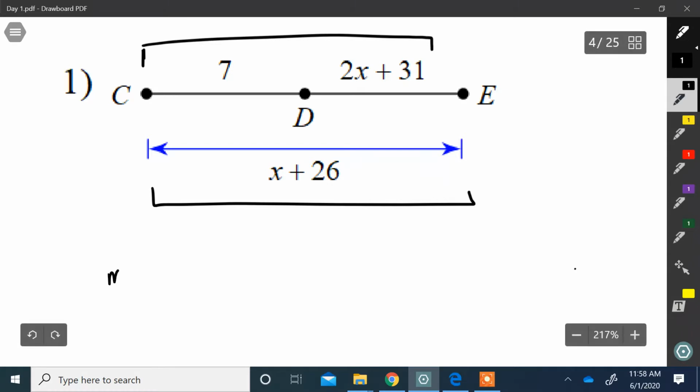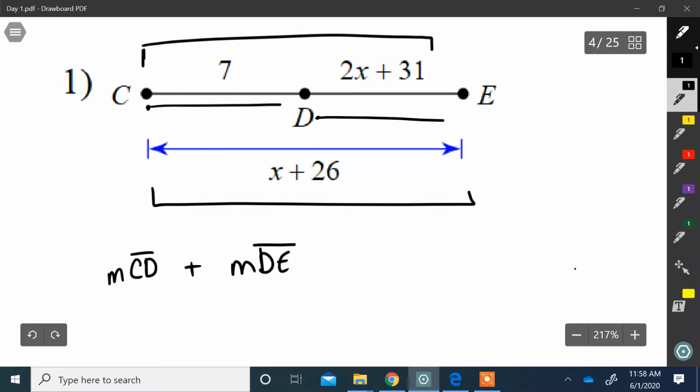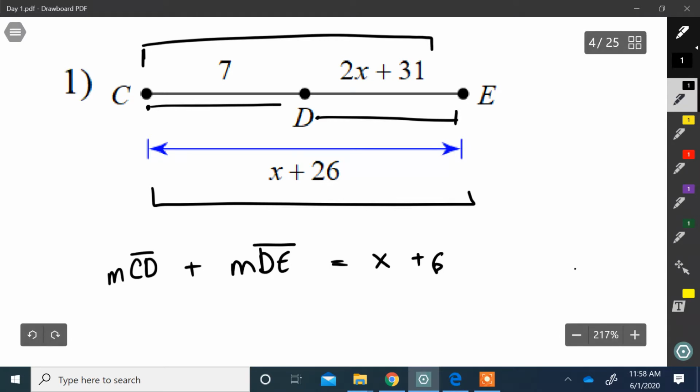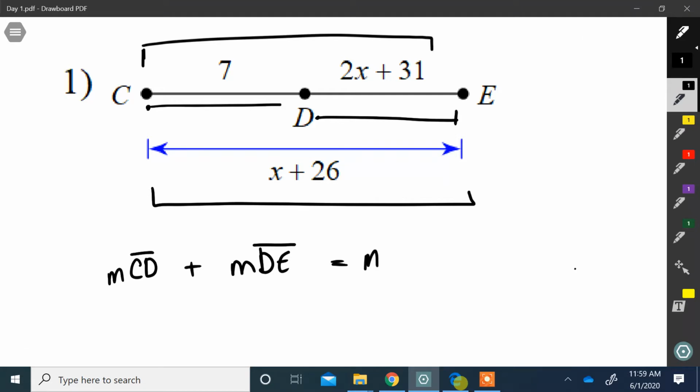So in a way, the measurement of segment CD plus the measurement of DE, so CD is from here to here, and DE is from here to there, should add up to x plus 26, I'm sorry, let me write it as the measurement of CE.